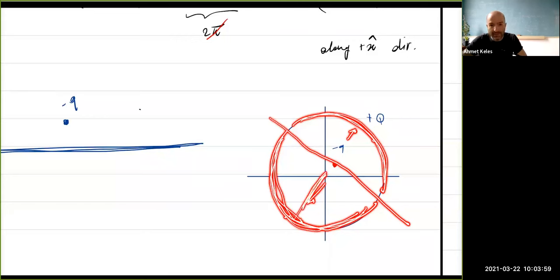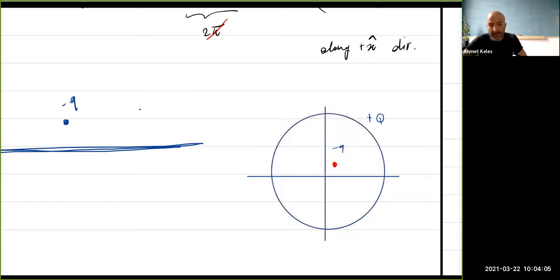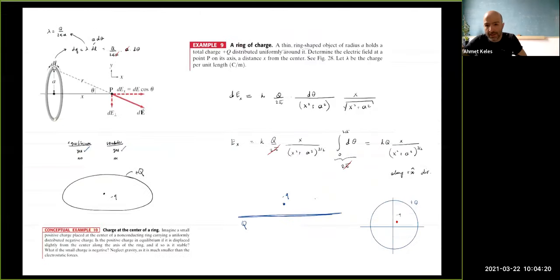Yes, it's farther away, but there's more charge. And on the other hand, there is less charge here, but the distance is less. So at the end, it is going to be restoring if you have a minus charge here. Of course, this is a pictorial way of seeing this, but I suggest you deal with integrals and see what happens. You'll see it's in stable equilibrium. Does that make sense?